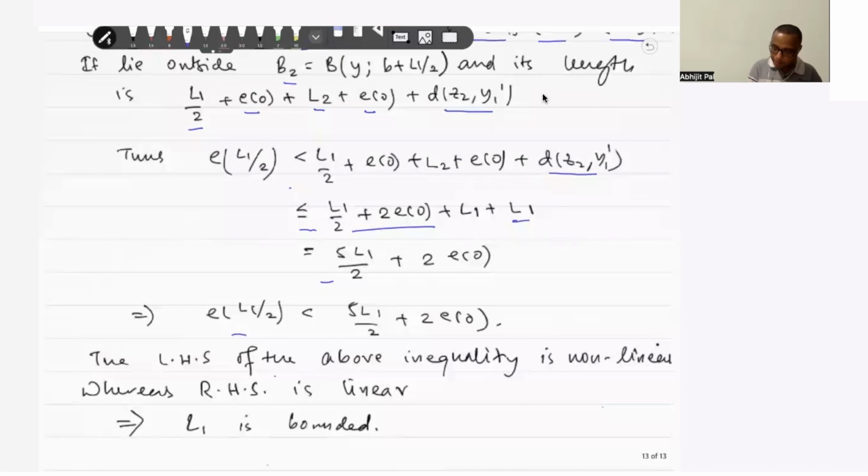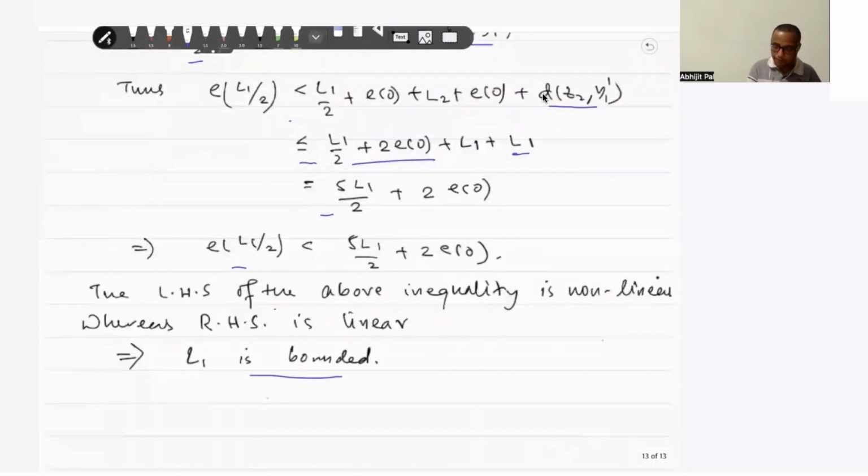The left-hand side of the above inequality is non-linear, whereas the right-hand side is linear. So this proves that this L1 is bounded in terms of this E naught. Therefore, L2 and L3 will also be bounded because L1 is the maximum of L1, L2, L3.